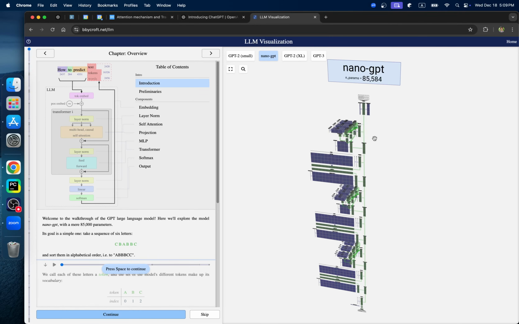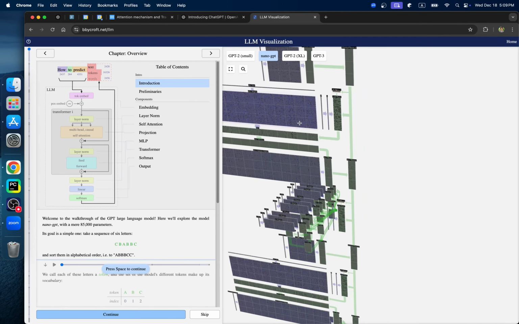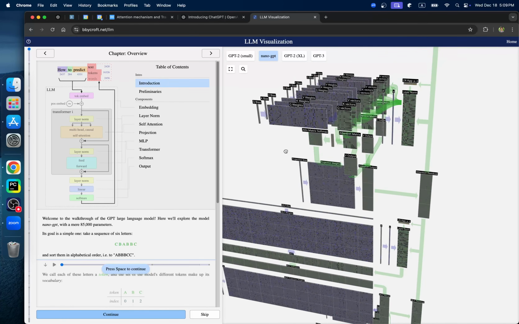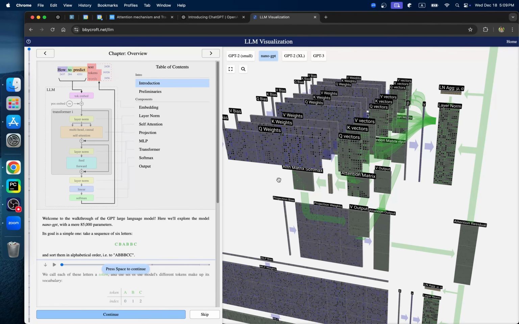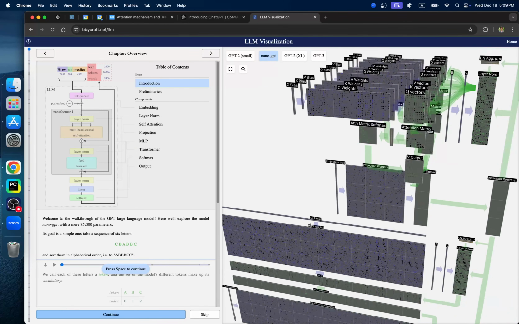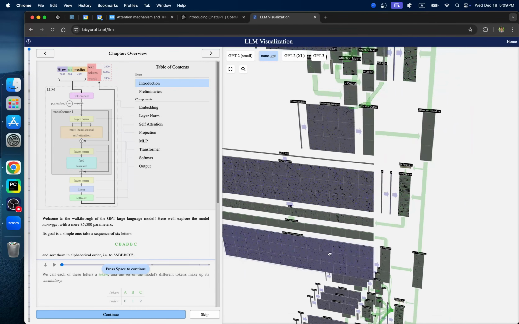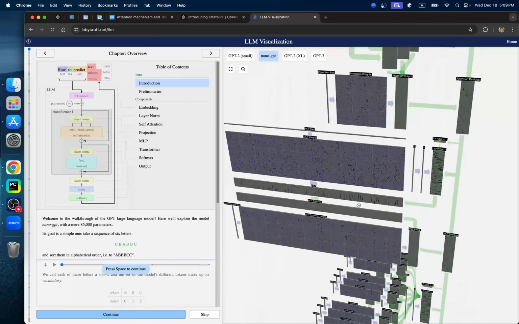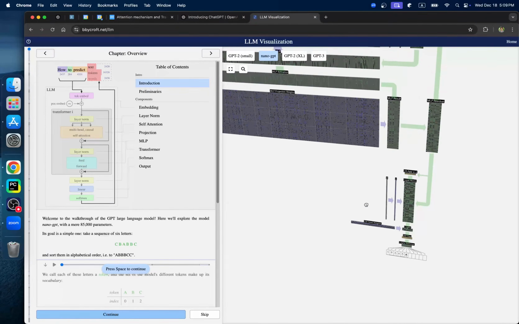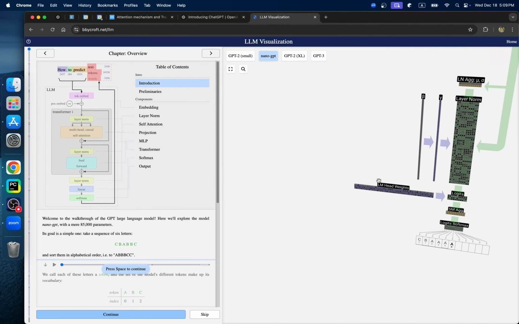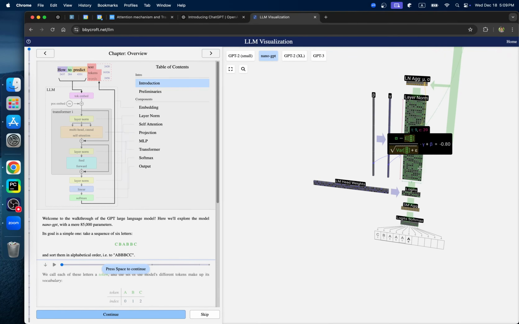If we zoom in, here are the attention blocks, and then goes the multi-layer perceptron, the feed-forward blocks, and then we repeat everything, and this is the structure of the model. This is the last layer norm, and then logits, and then after applying softmax, it becomes probabilities to predict the next characters. Then, this is Nano GPT.